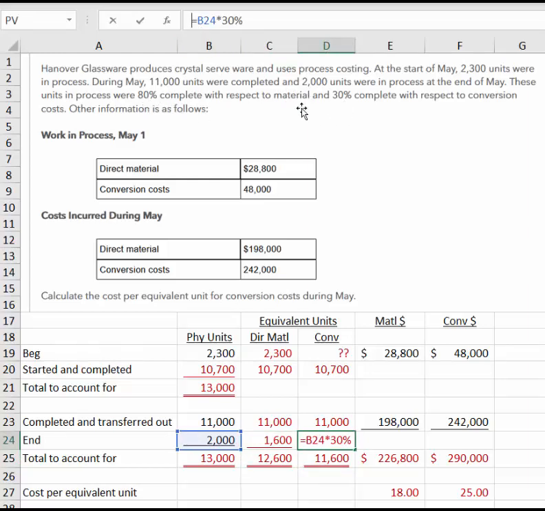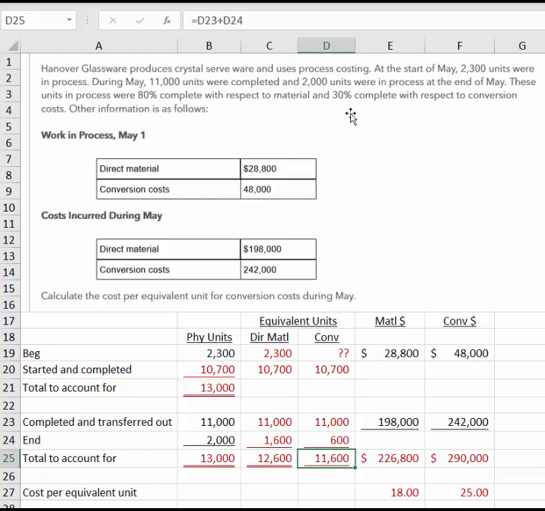Here's my 80% and 30% up here with respect to ending units, right? So once we know what was completed and transferred out and the ending units, we can compute the equivalent units to account for. So we just sum on down. 11,000 plus 1,600 is 12,600. We do the same math here.